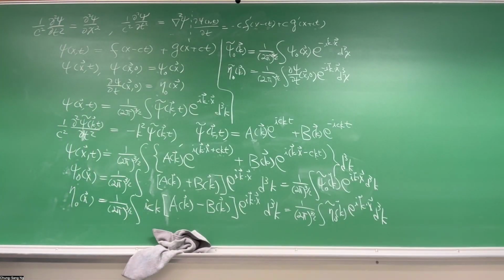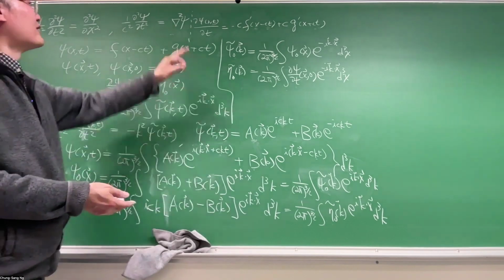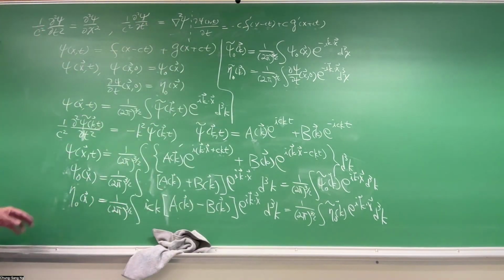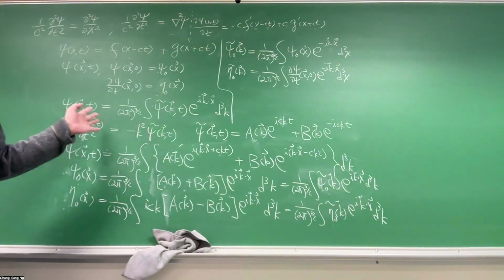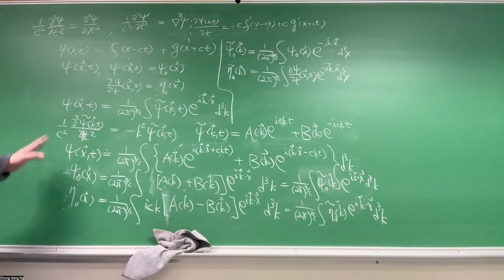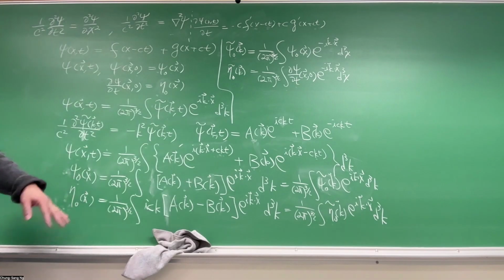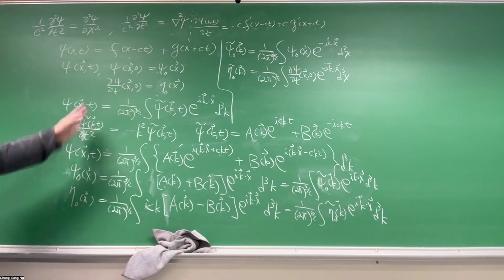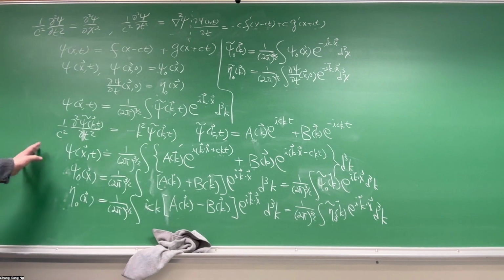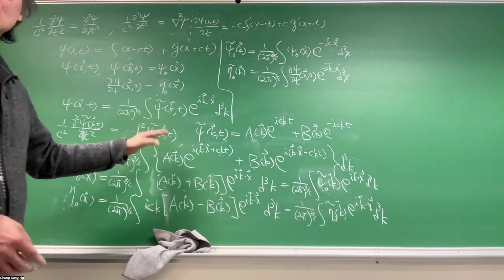Lots of steps, right? From 1D, I erased the formula, but the 1D formula is quite trivial. 3D you can still do in a few steps. Once you do the Fourier transform, just do a few steps, and at least formally you know how to solve it.